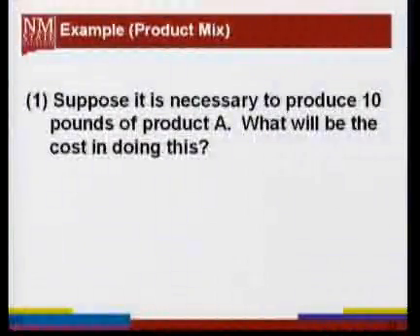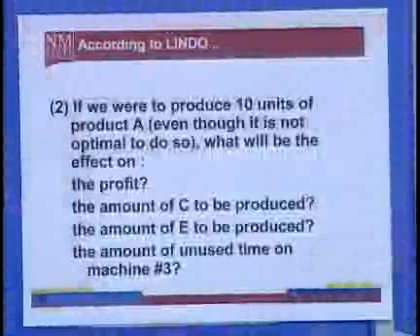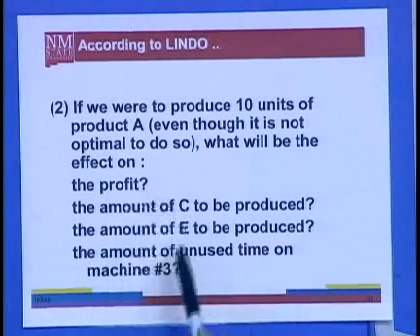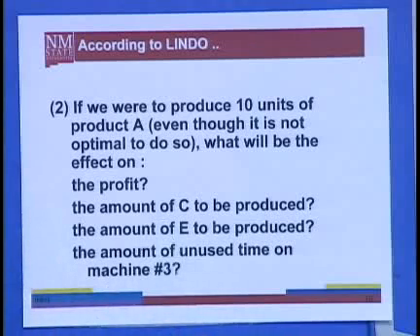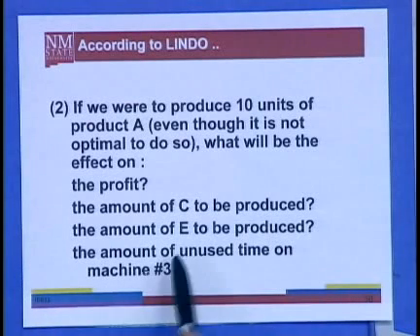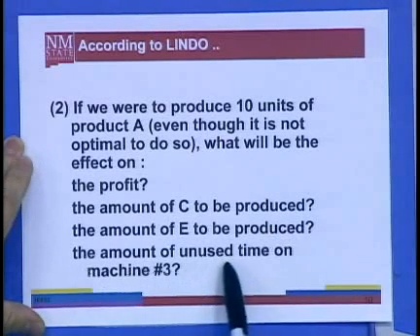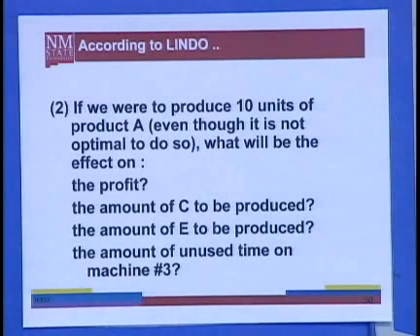Let's try to answer this question. If we were to produce 10 units of product A, even though it is not optimal to do so, what will be the effect on the profit, the amount of C to be produced, the amount of E to be produced, and finally the amount of unused time on machine number 3?